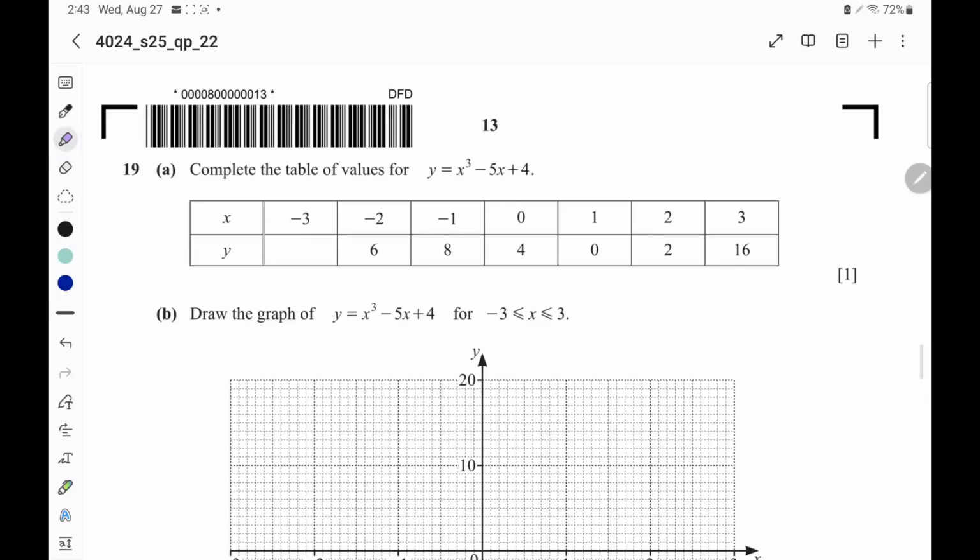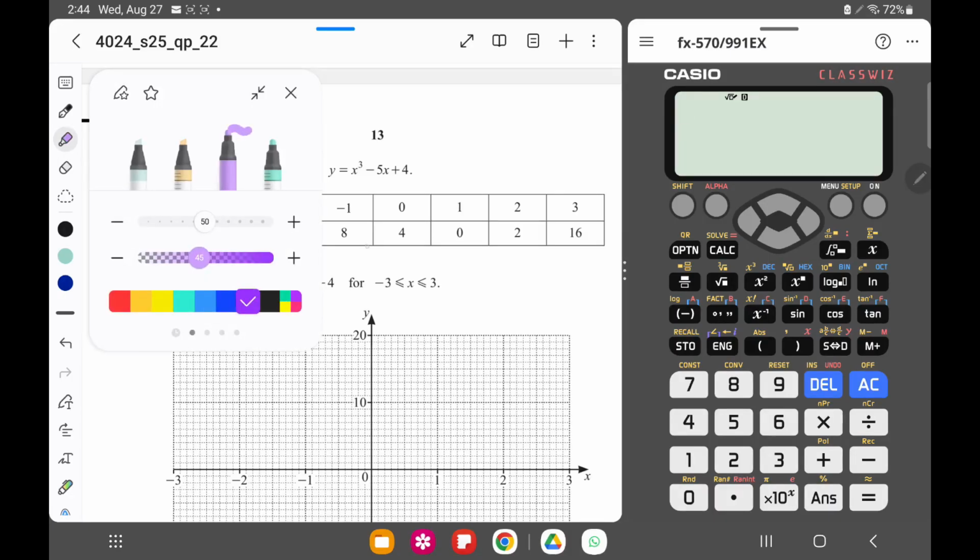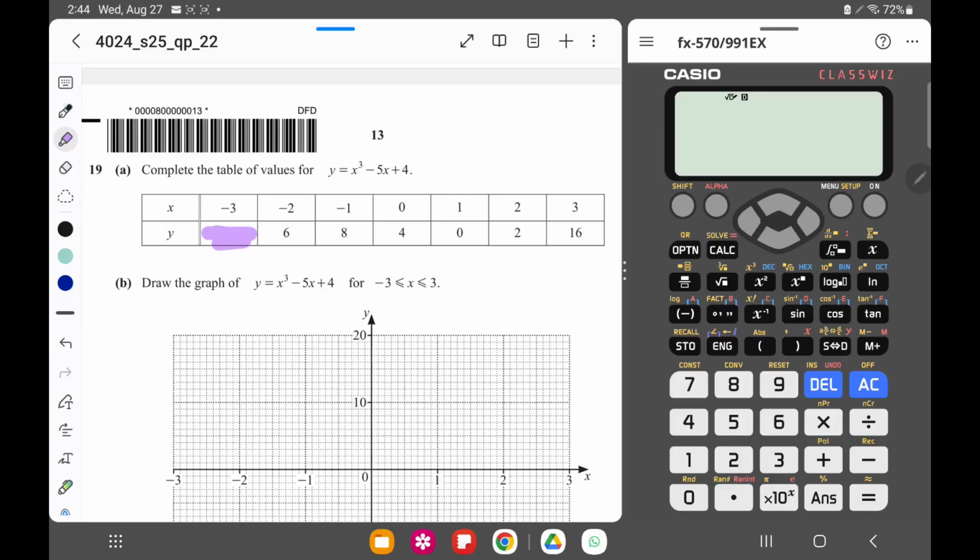Now come to question number 19. In question number 19, complete the table of values for x cube minus 5x plus 4. So we are just substituting minus 3 for x to get this value. This is minus 3 cube minus 5 times minus 3 plus 4.